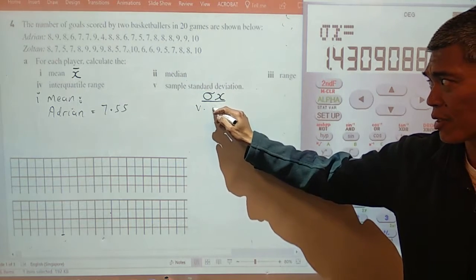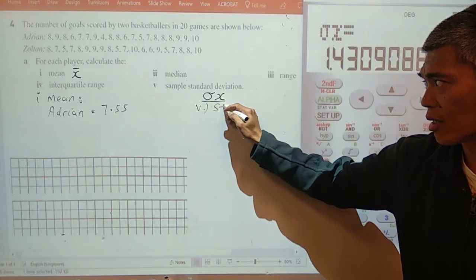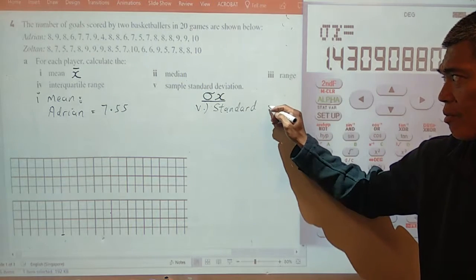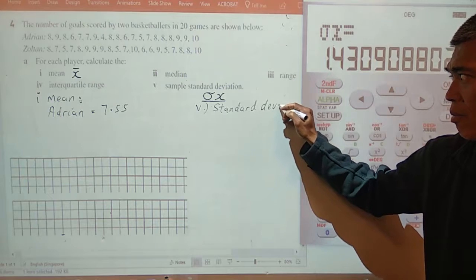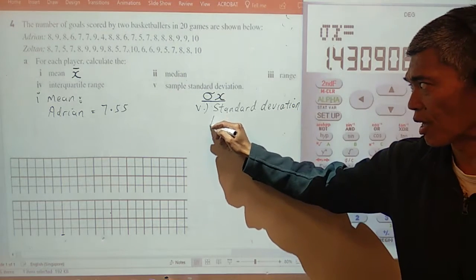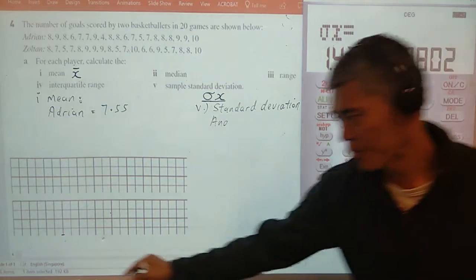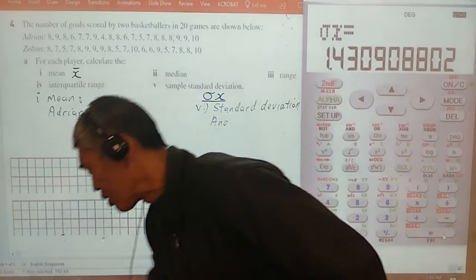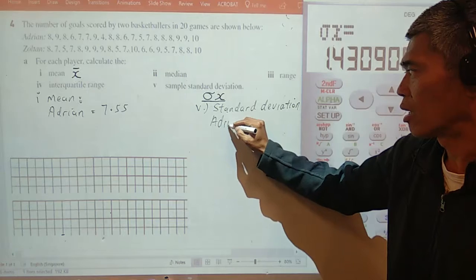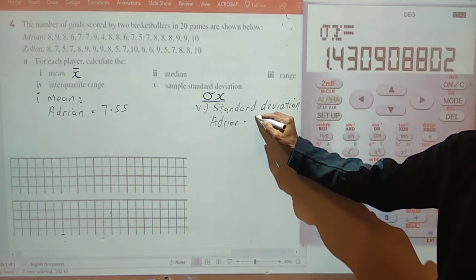So for the standard deviation for Adrian, that is going to amount to 1.43.